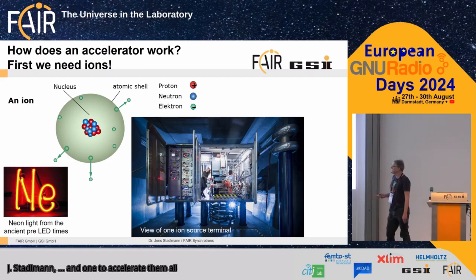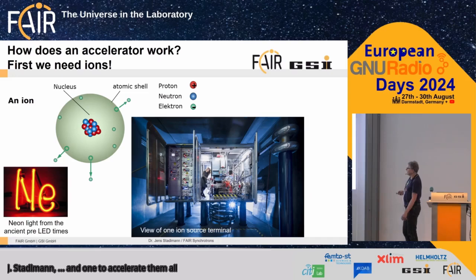In our case, we always remove electrons. So you have a positively charged nucleus with electrons around, and if you remove a few, the overall charge becomes positive. So it's electrically charged, and as soon as you have something electrically charged, you can influence it with electric and magnetic fields, and that's basically my job.